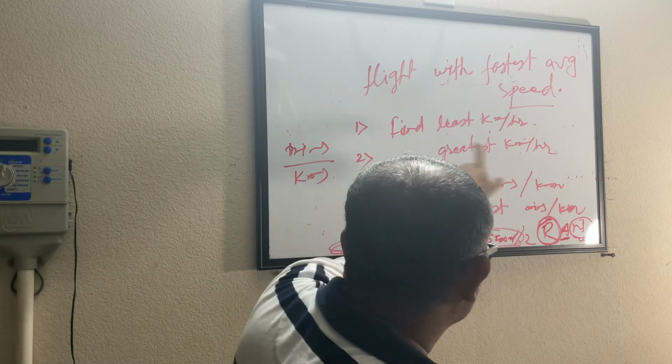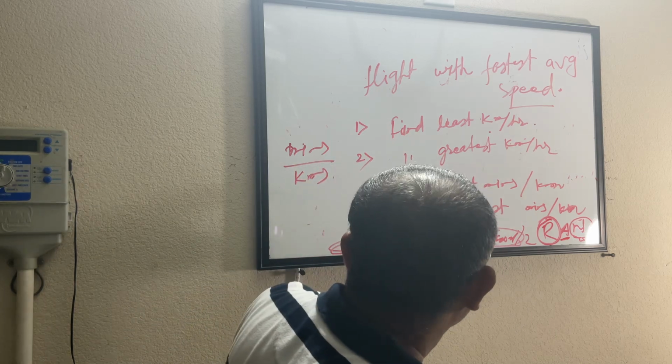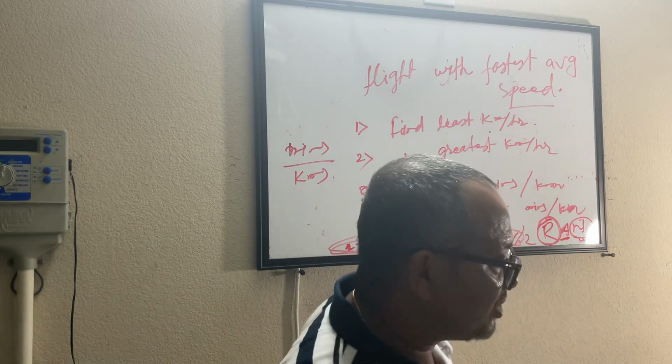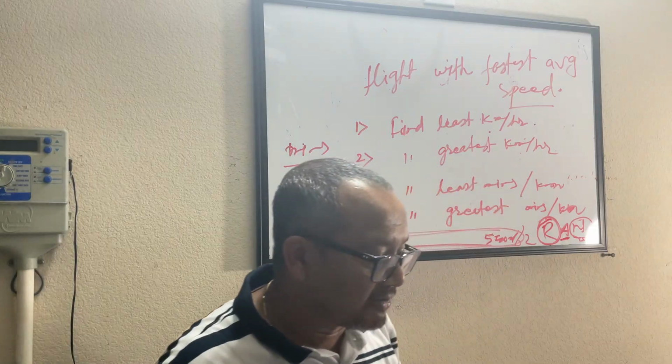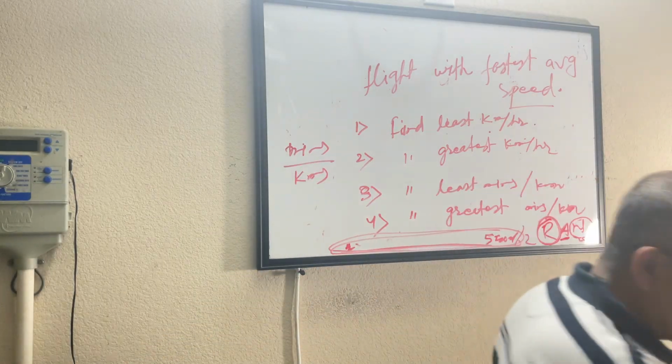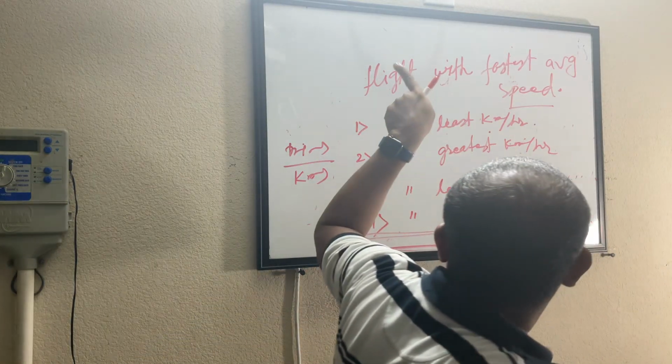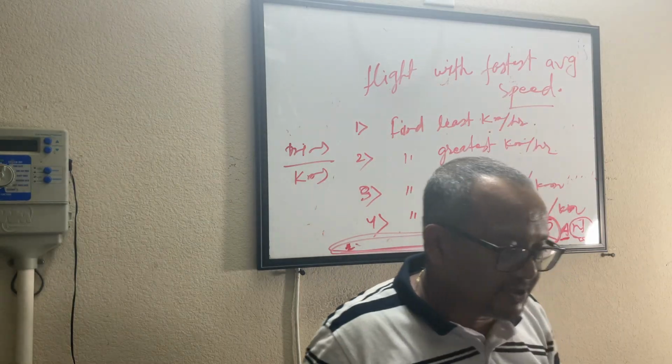So find out the least for all the flights. And the fourth is find the greatest minutes per kilometer. So there are 4 things that you have to calculate, and choose any two options that will help you find out the flight with the fastest average speed.